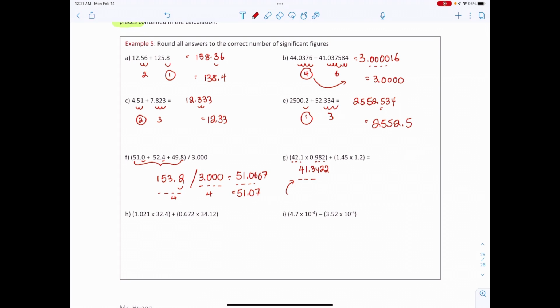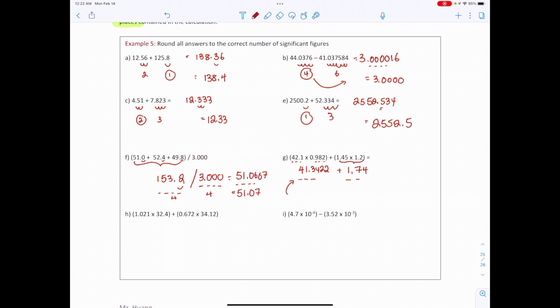Okay, this one here, this is going to be plus 1.74. Now when I look at the question again, 1.45, there are 3 significant figures. The 1.2, there's 2 significant figures. So technically, I'm supposed to end at the 7, the 1.7.